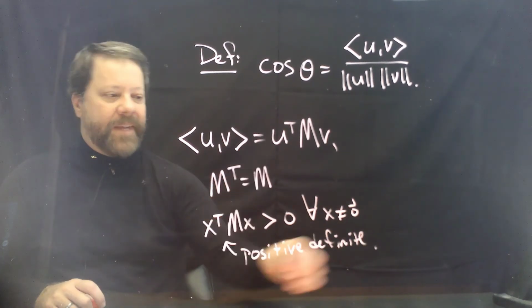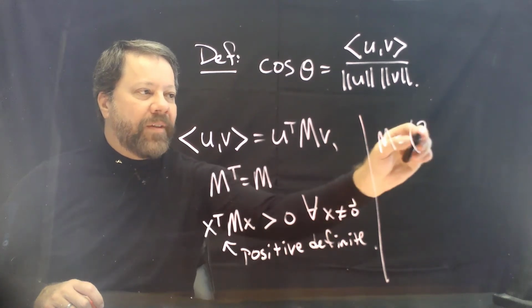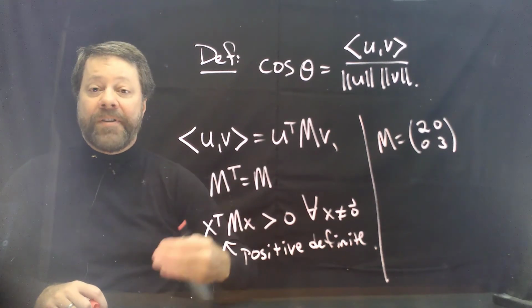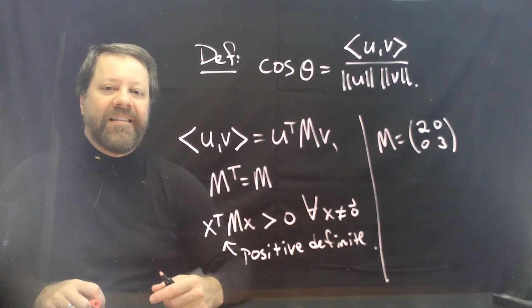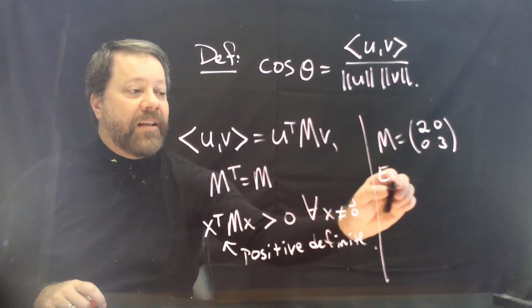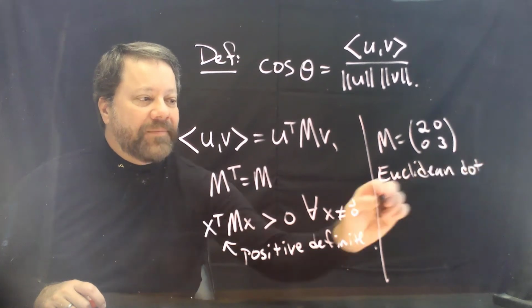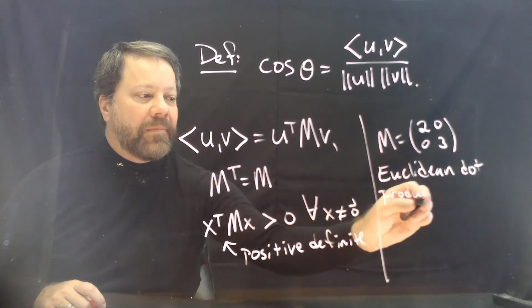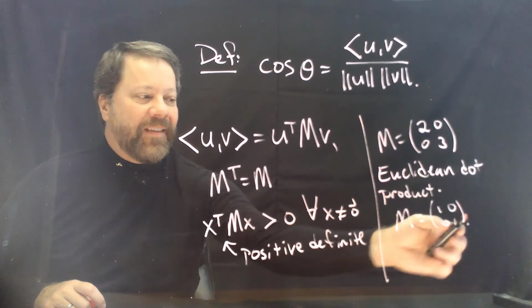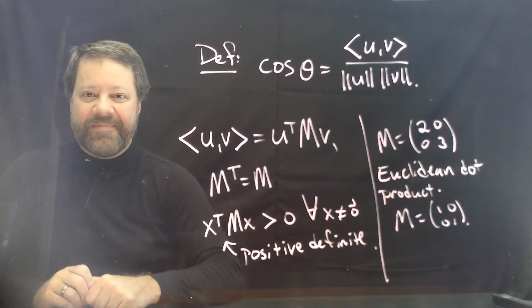An example of such a matrix M might be 2, 0, 0, 3. This will give rise to a different notion of length and angle than the usual Euclidean dot product. For the Euclidean dot product, M is the identity matrix, which is clearly symmetric and positive definite.